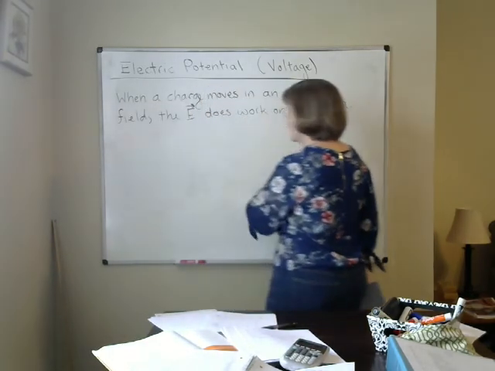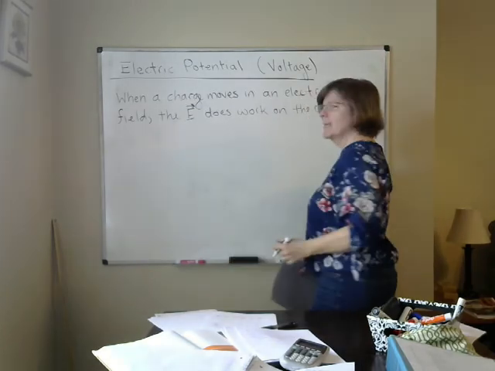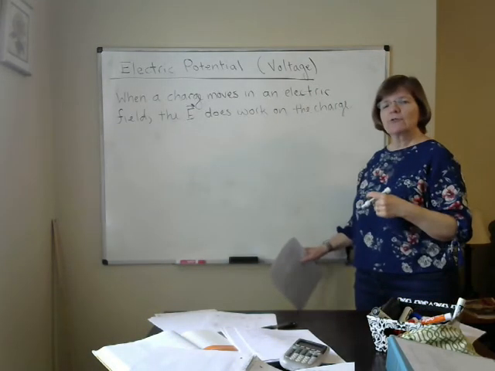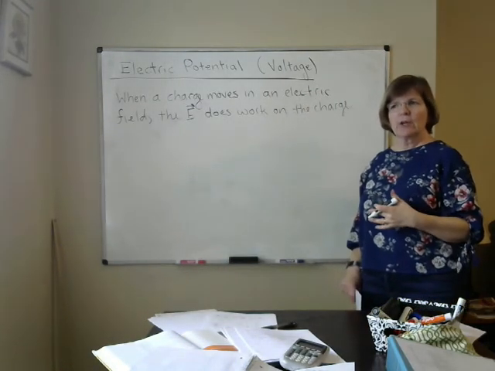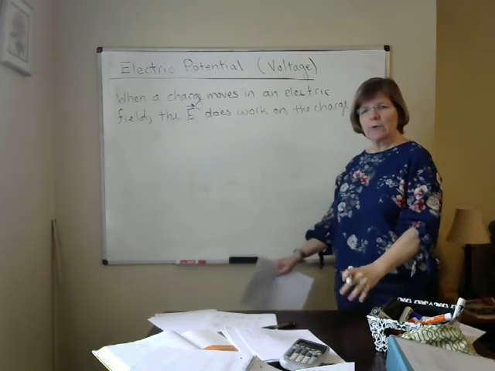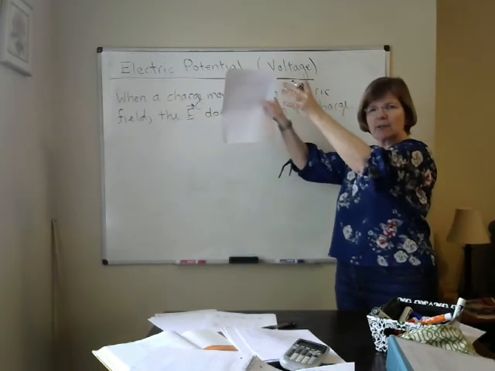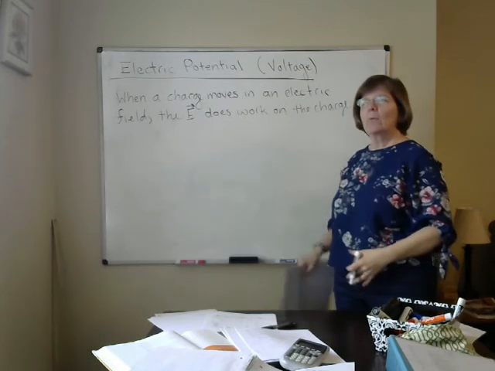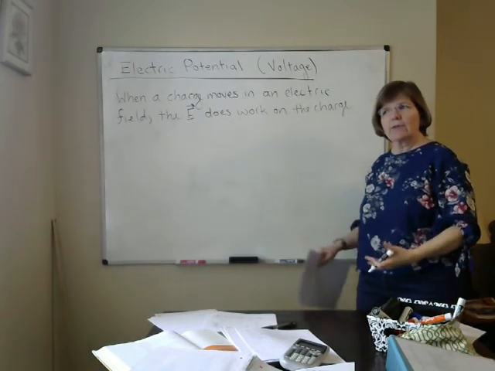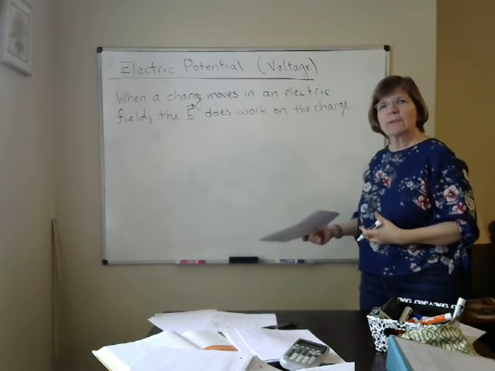When we do work on something, one of two things happen. We either give it kinetic energy or we give it potential energy. Remember back when we were talking about the work done in lifting up a box and setting it on a shelf? Well, we were doing work against gravity and we gave it gravitational potential energy, okay?